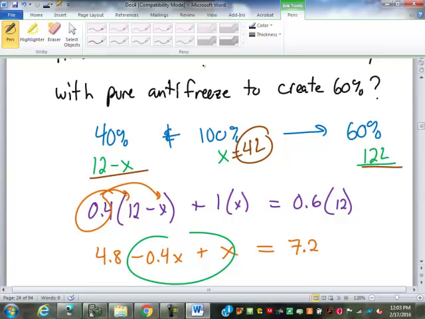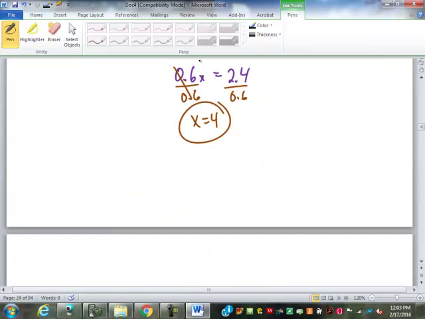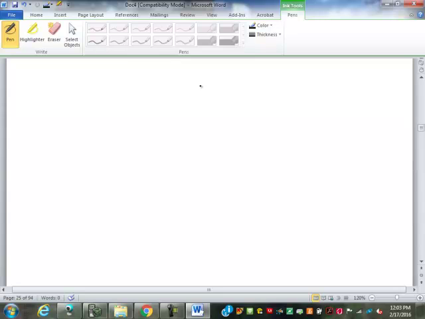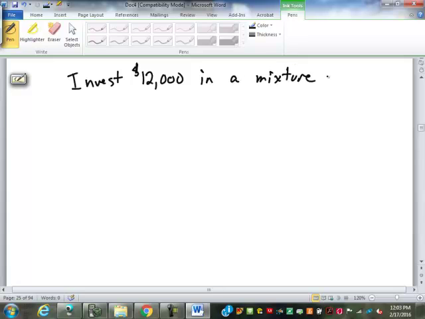Okay. Now there are other variations of these problems you may have seen. You may have run into a variation of investment problems where, let's say, you're going to invest $12,000 in a mixture of 8% and 12% investments.